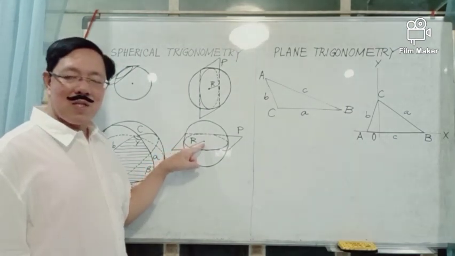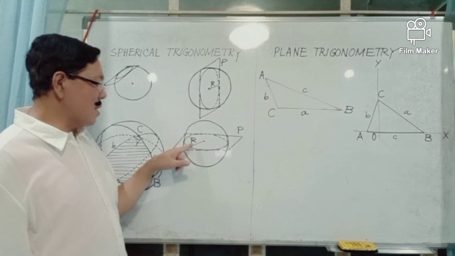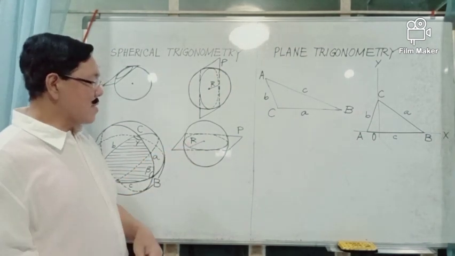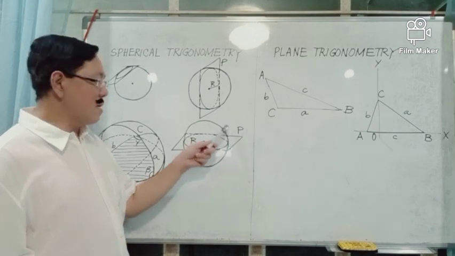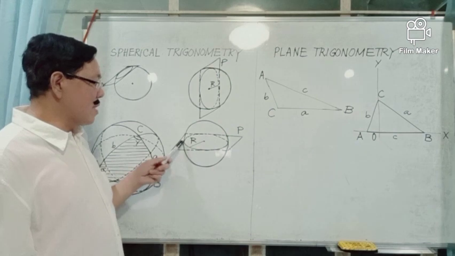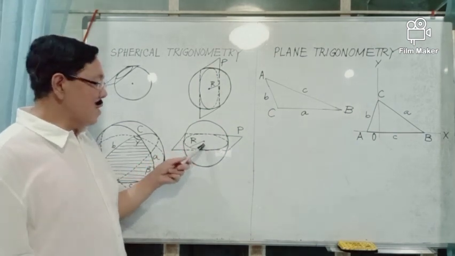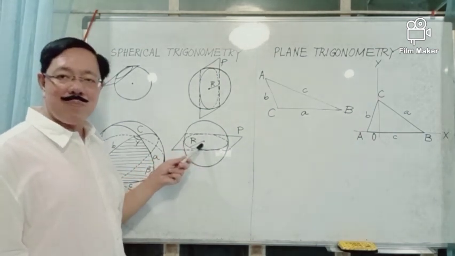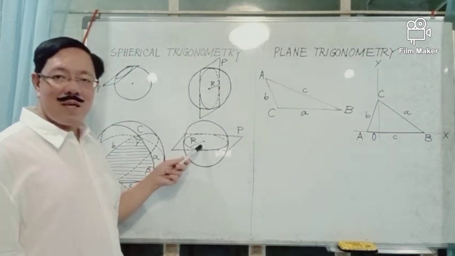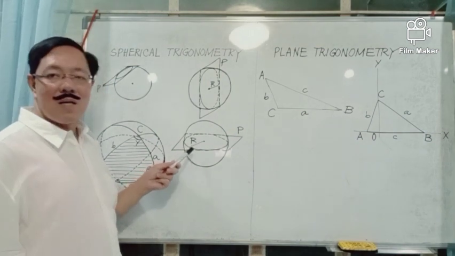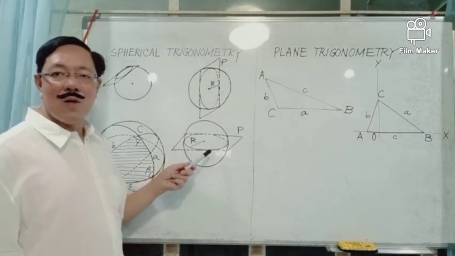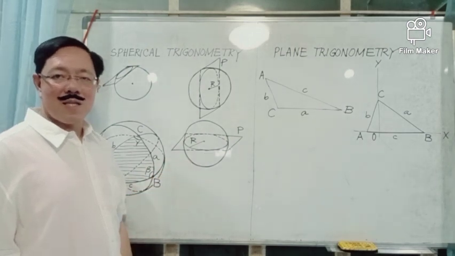This is the center of the sphere, and the radius of the sphere is denoted by capital R. The intersection of the plane P and the sphere, as you can see, is a circle with center at the center of the sphere. And you can see the radius of the circle is the same as the radius of the sphere. This circle is what we call a great circle.